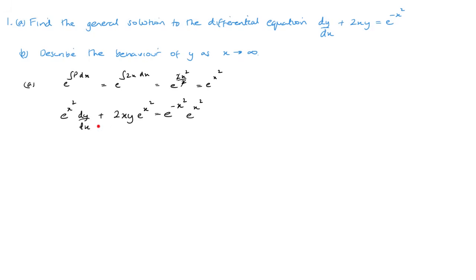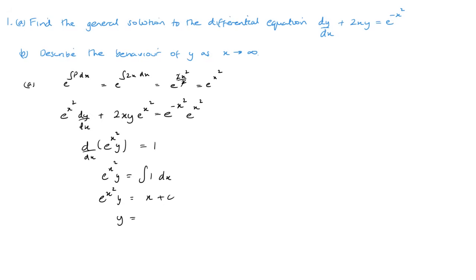Now this on the left will be from differentiating e to the x squared y. And then on the right, if I multiply these two together, I add the powers. So it's going to be e to the power 0, or 1. And then integrating both sides, we get e to the x squared y equals the integral of 1, which is e to the x squared y equals x plus c.